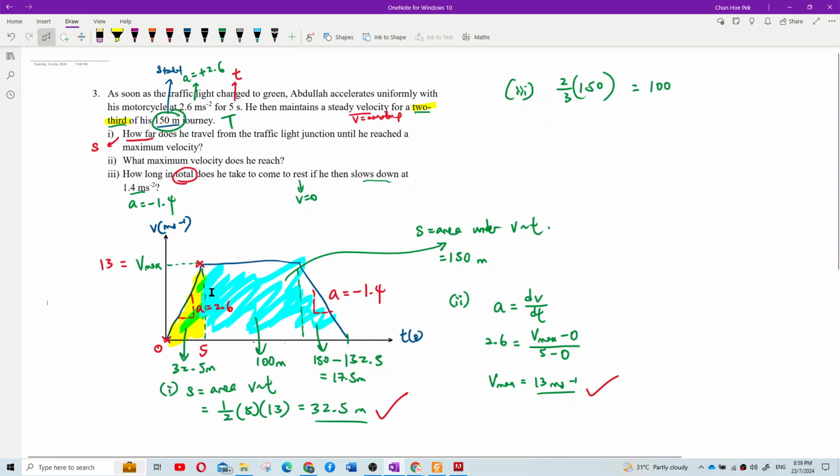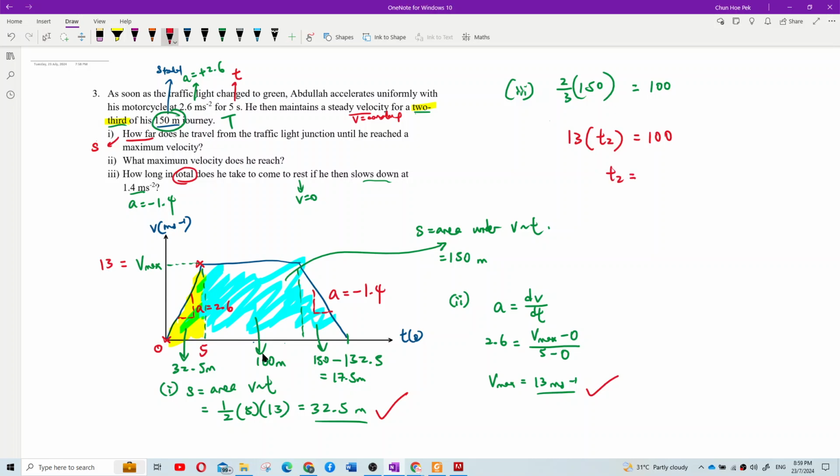So this 100 meter, 13 times what becomes 100? That means 13 times the time for the second part becomes 100 meter. So T2 equals 100 divided by 13, so it's 7.69.